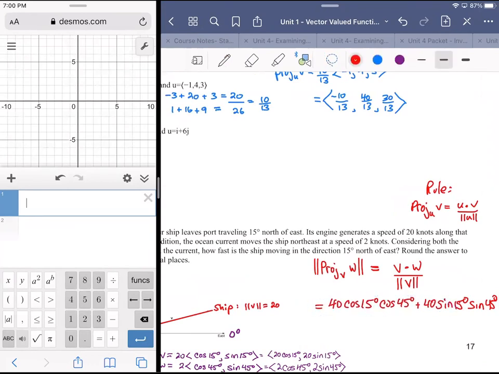And that's all going to be over 20. So that's the magnitude of V. So we just got to crunch that.